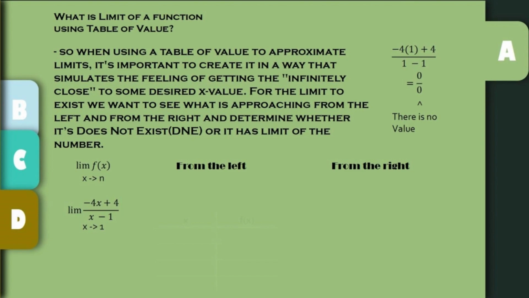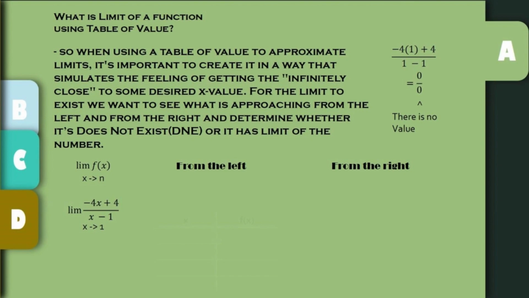For example, the limit of the function, or limit of f of x as x approaches n. For example, the limit of negative 4x plus 4 over x minus 1 as x approaches 1, then your f of x is negative 4x plus 4 over x minus 1 and your x is 1.